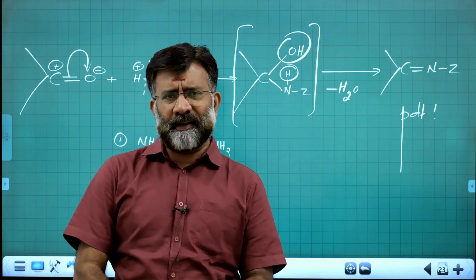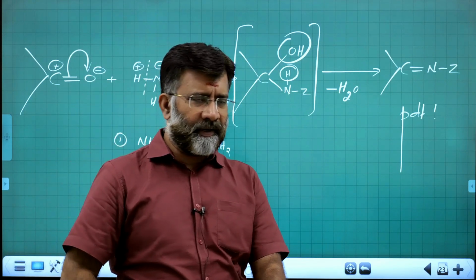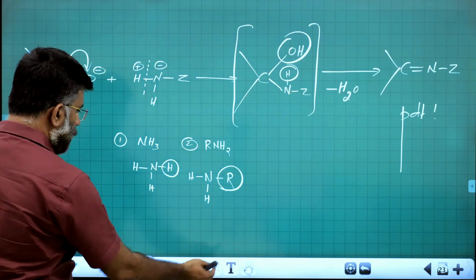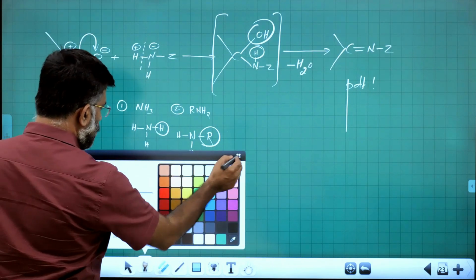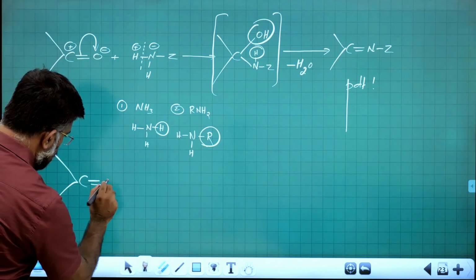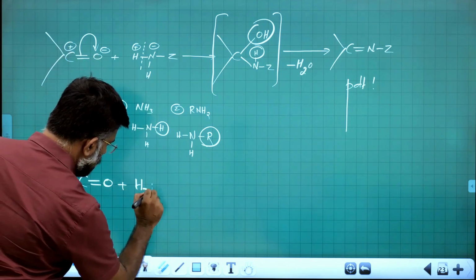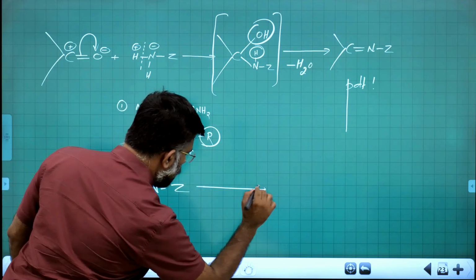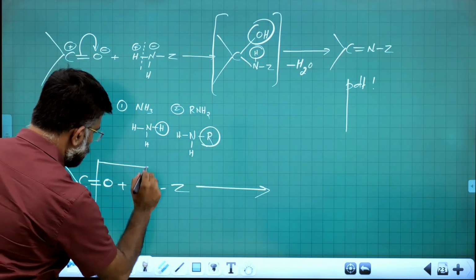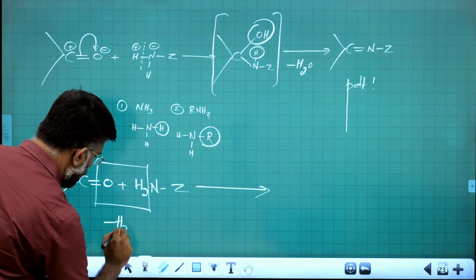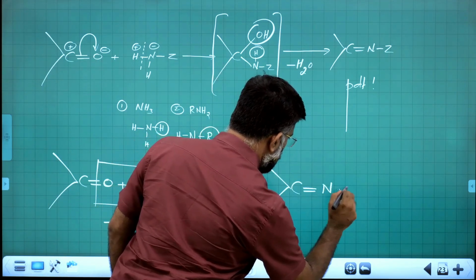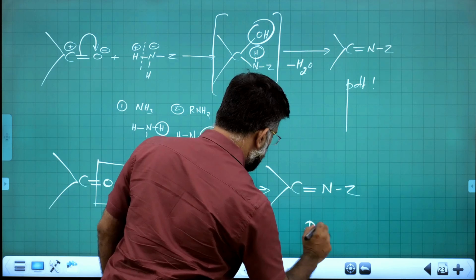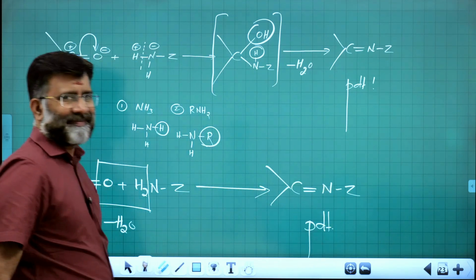That is what the reaction is. All of you know, I am just reminding you. Or simply you can understand the entire reaction like this: C double bond O plus H2NZ gives H2O out. Overall reaction, H2O out, and the result is C double bond NZ, the final product.